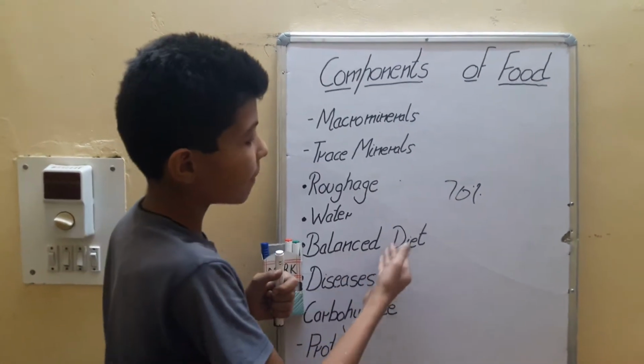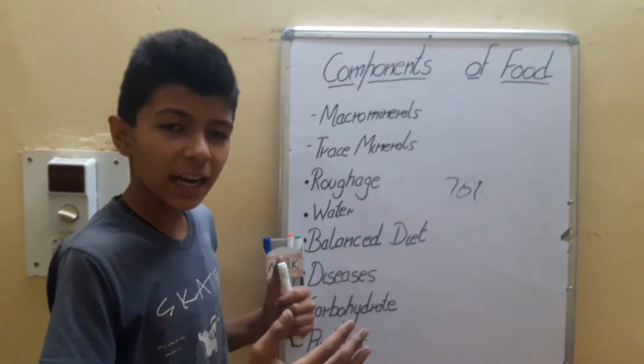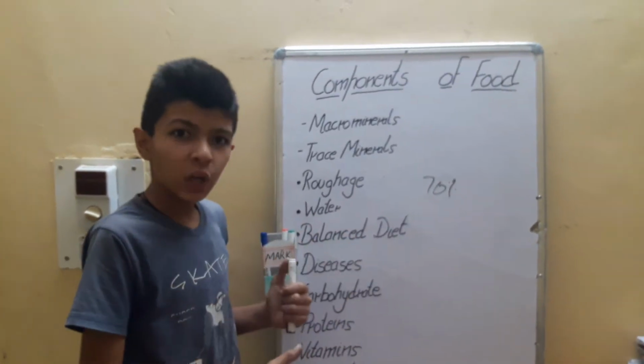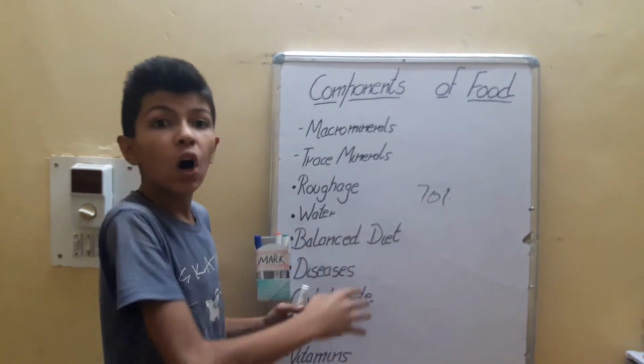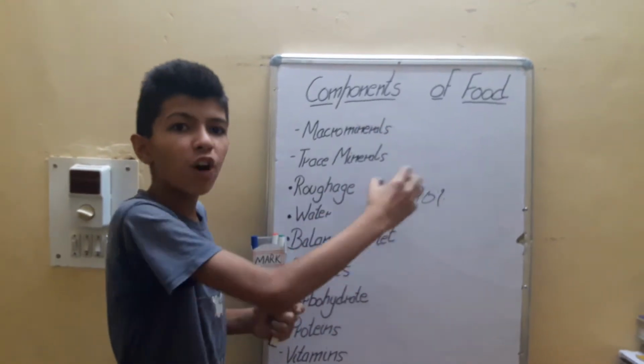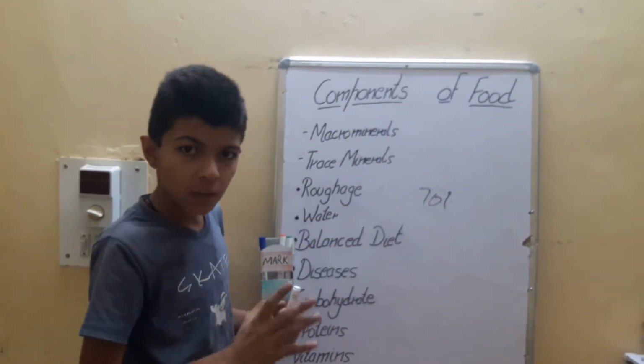Then we have balanced diet. What is a balanced diet? A balanced diet is a diet which includes all these 6 components of food in the right amount.